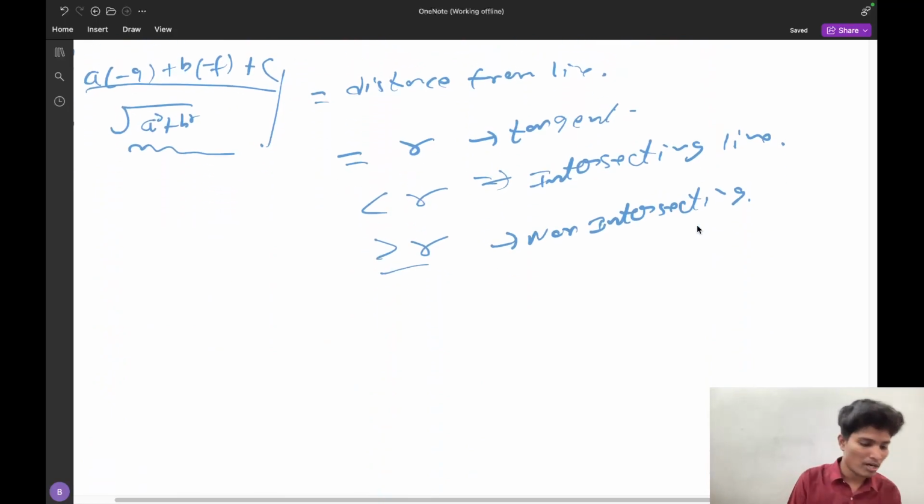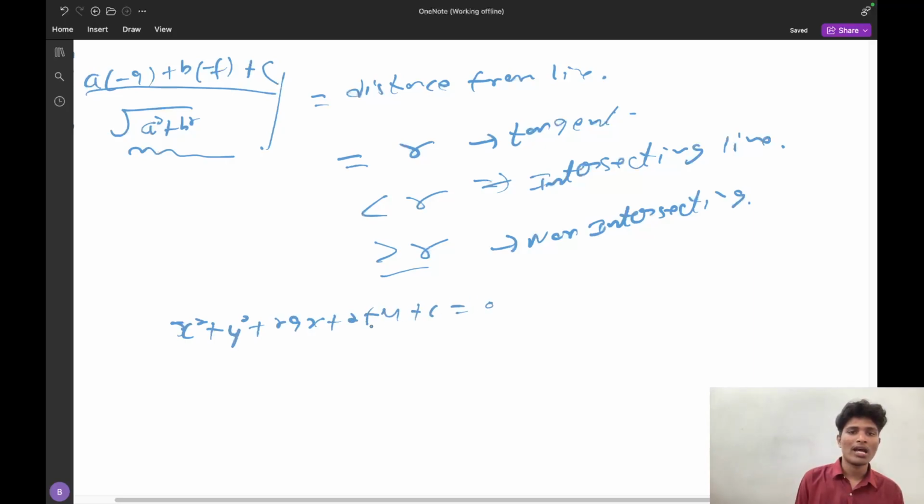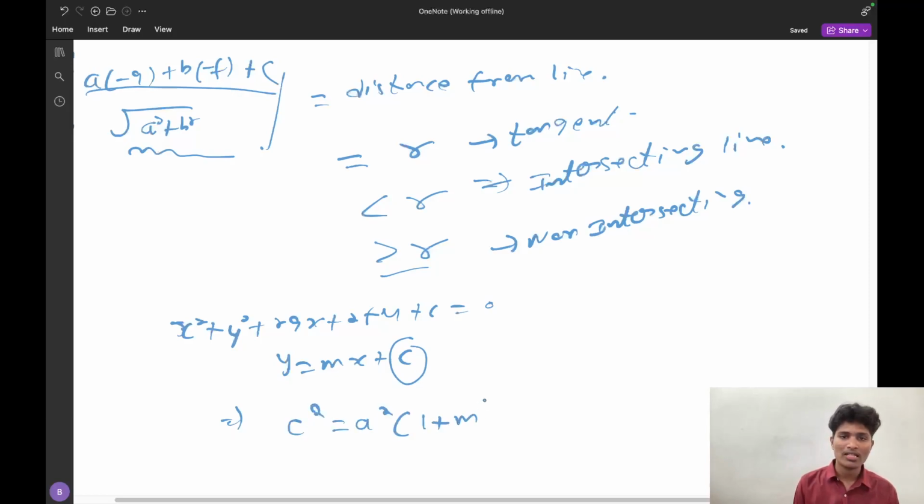So I have discussed the main thing here, and one more thing. Suppose x square plus y square plus 2gx plus 2fy plus c is equal to 0 is the circle, and there is a line y equal to mx plus c. If I want to find the relation between the constant c and the tangent condition, what is the relation? c square is equal to a square into 1 plus m square.